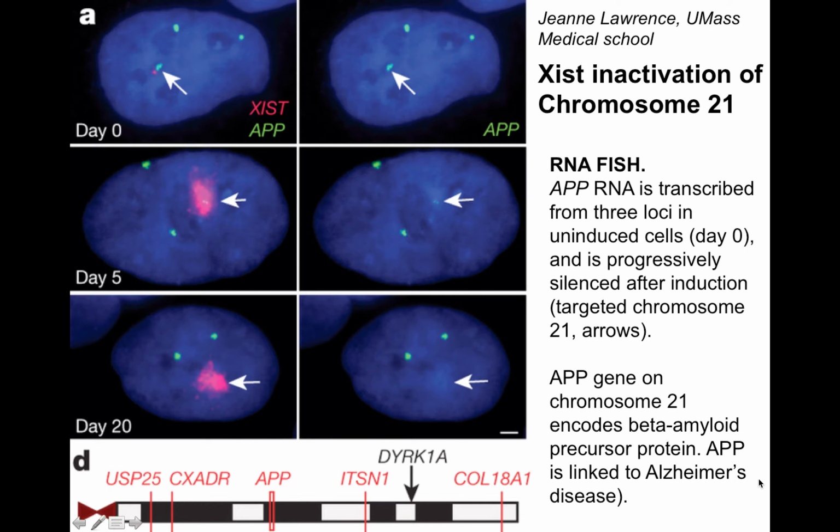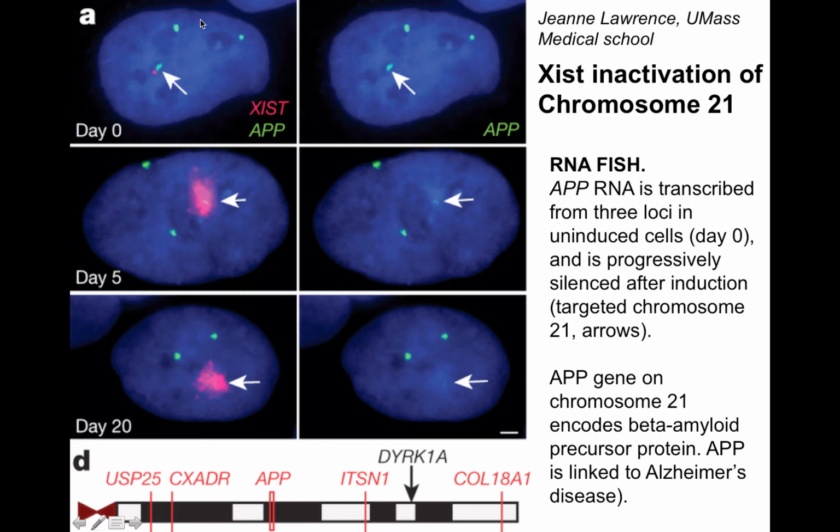The protein is called beta amyloid precursor protein, or APP. Okay. What this image is showing is RNA FISH. It's showing the presence of the APP RNA that is being transcribed from three loci in cells.